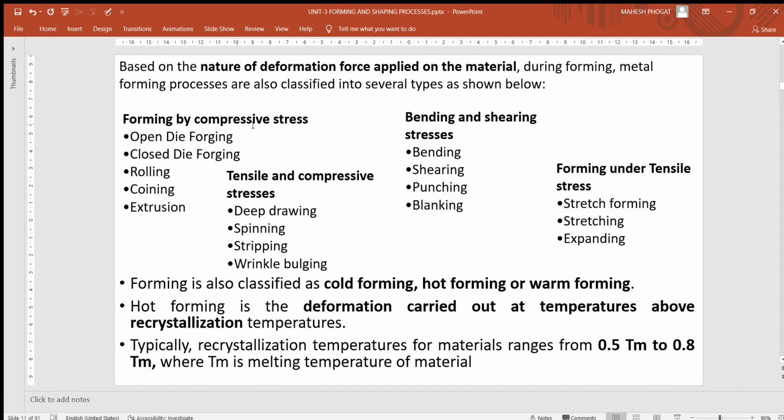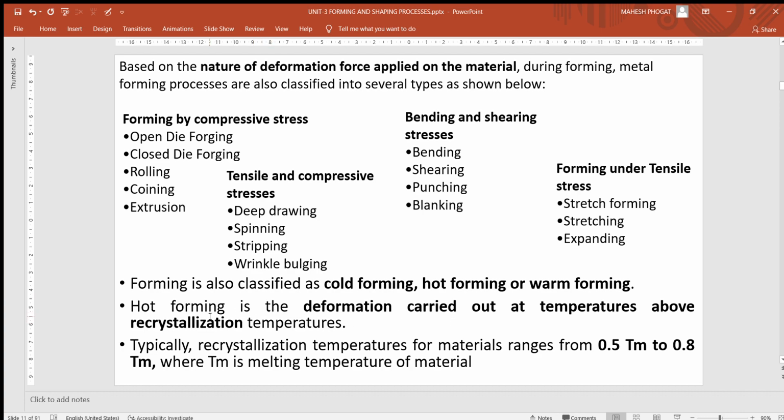When forming is done by compressive stress, it includes open die forging, closed die forging, rolling, coining, and extrusion. Next are tensile and compressive stress, bending and shearing stress, and forming under tensile stress. So there are different kinds of forces here. Forming is also classified as cold forming, hot forming, and warm forming, which we'll see later on.